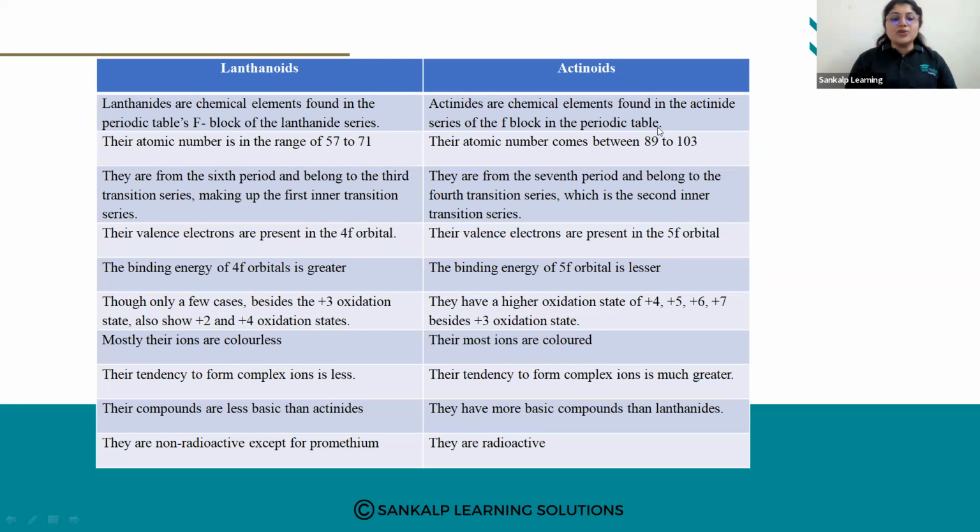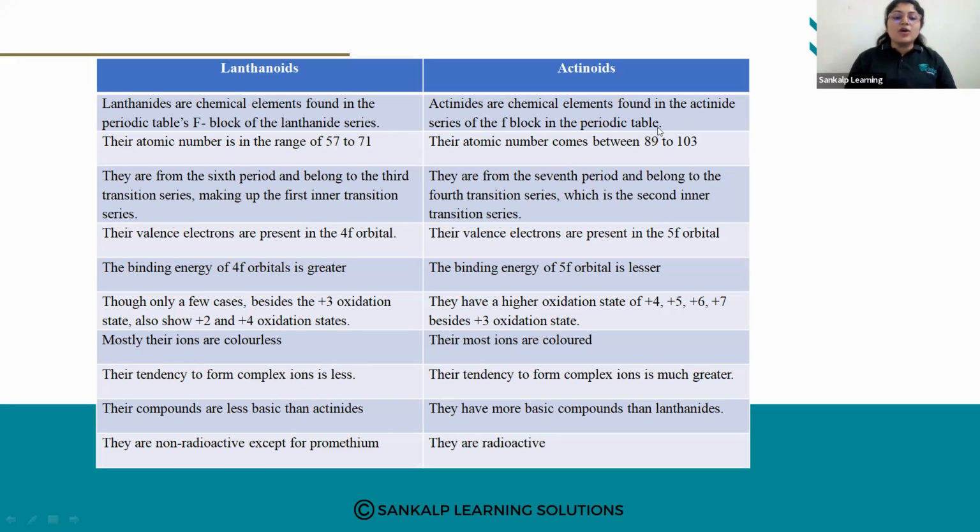Most lanthanoid ions are colorless, while most actinoid ions are colored. The tendency to form complex ions is less in lanthanoids, and much greater in actinoids.